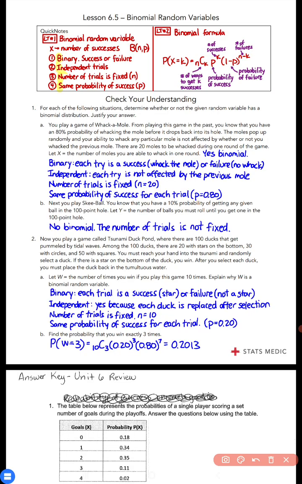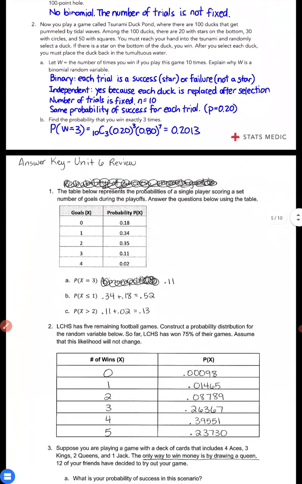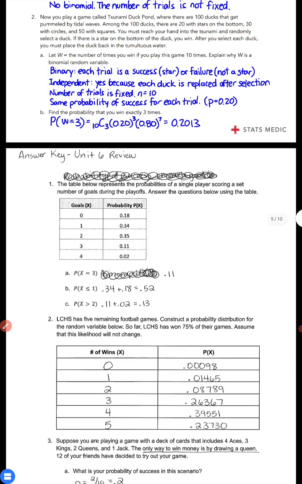Okay? So let's look at the scenario that they give us. And I am going to skip down to example 2 here. It says, you are playing a game called Tsunami Duck Pond, where there are 100 ducks that get pummeled by tidal waves. Among the 100 ducks, there are 20 with stars on the bottom, 30 with circles, and 50 with squares.